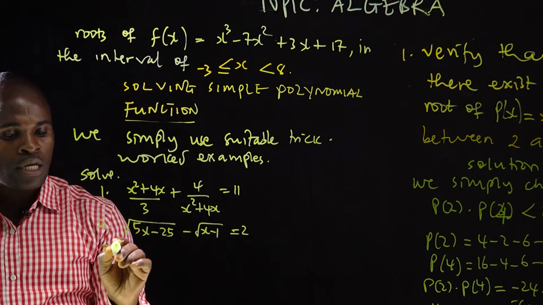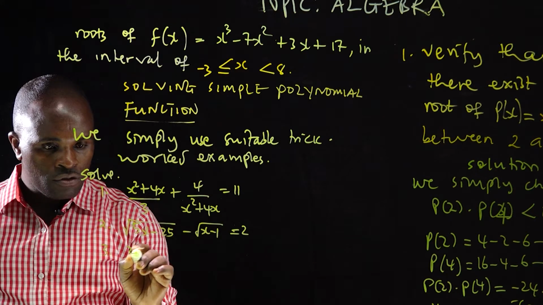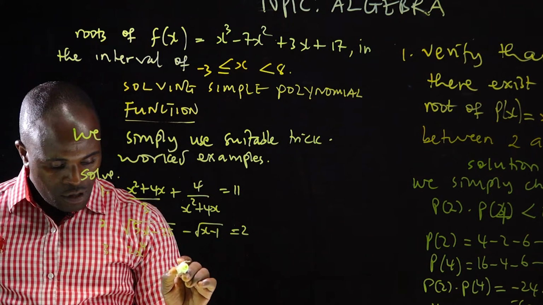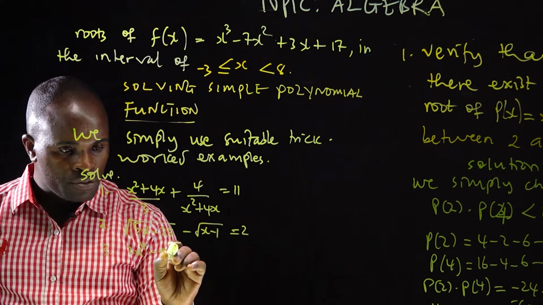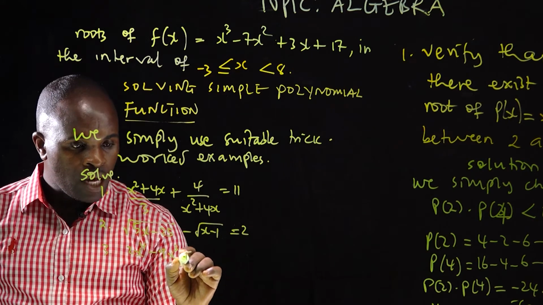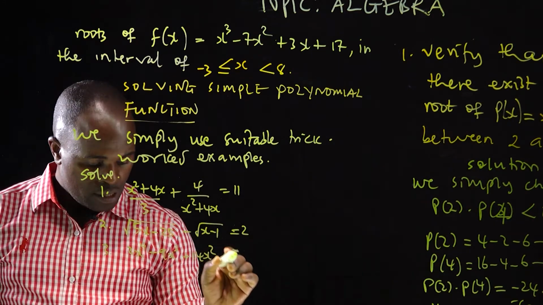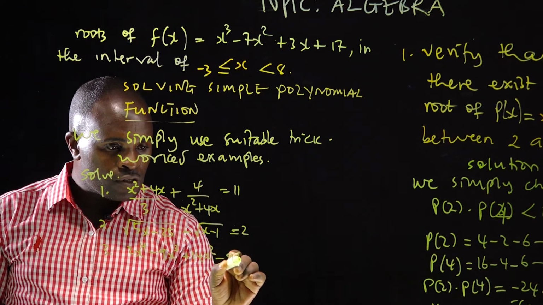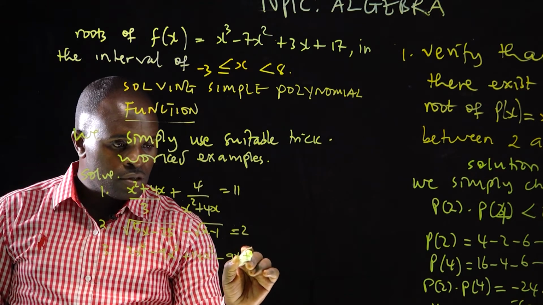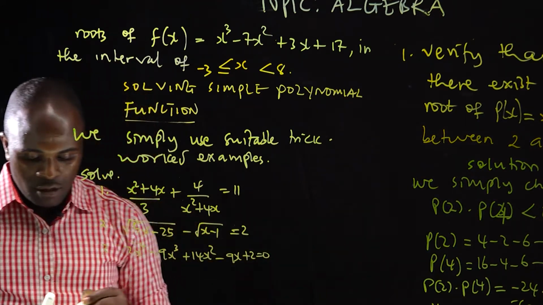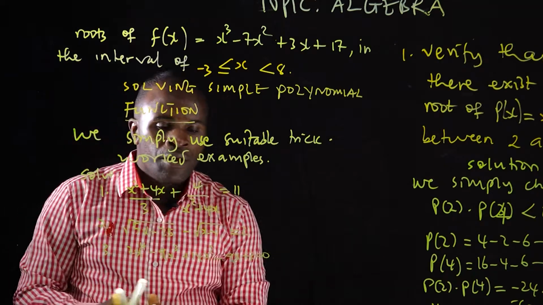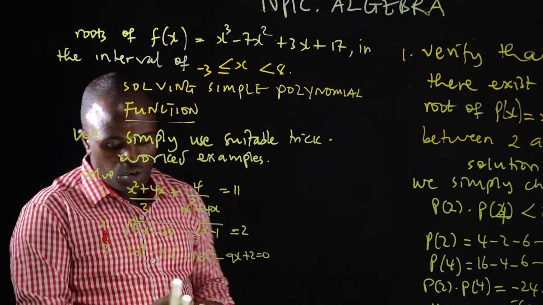One can also give another question like 2x power 4 minus 9x power 3 plus 14x squared minus 9x plus 2 equals 0. These are just some. It is simple to solve this one.